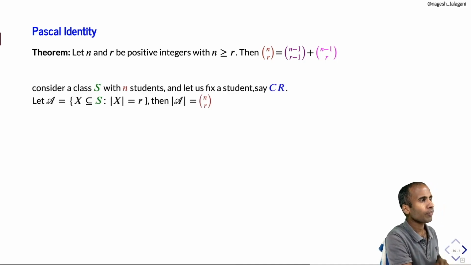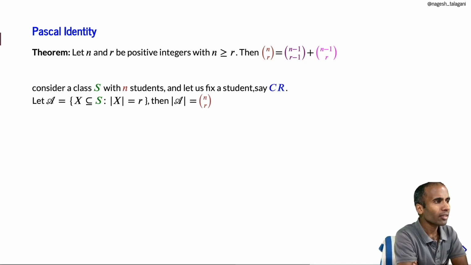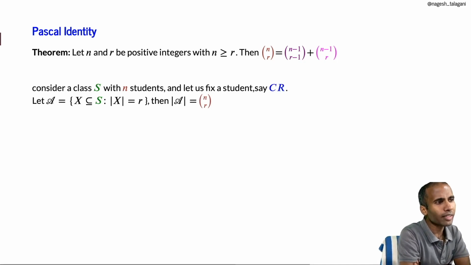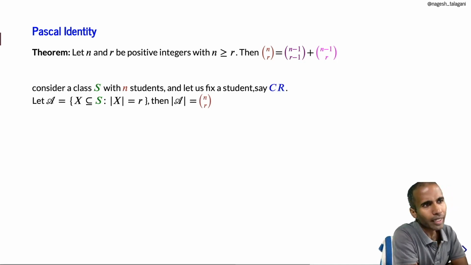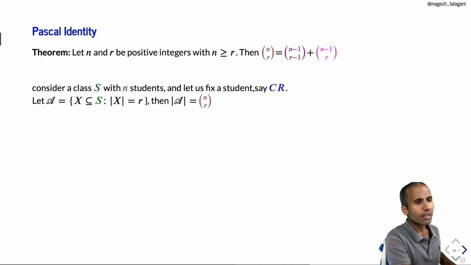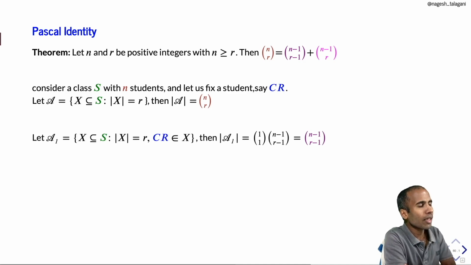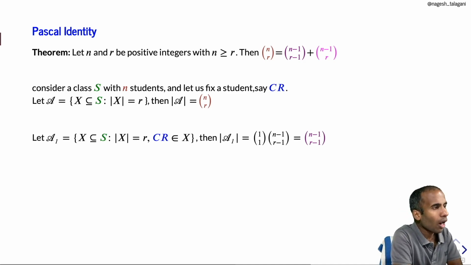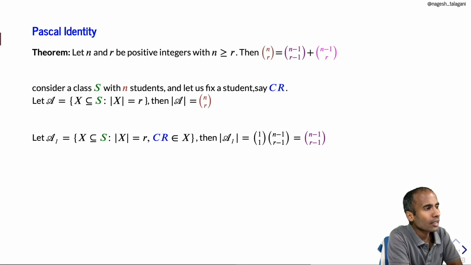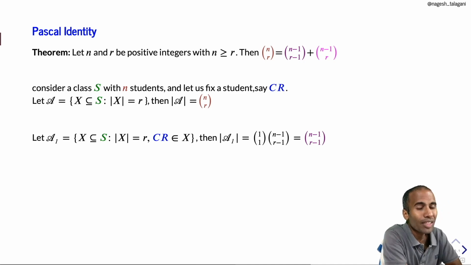Here is the proof. Consider a class S with n students, and let us fix a student, here CR. Script A consists of all groups of size r. Therefore, the number of elements in script A is going to be n choose r. Script A1 consists of all groups of size r with CR.